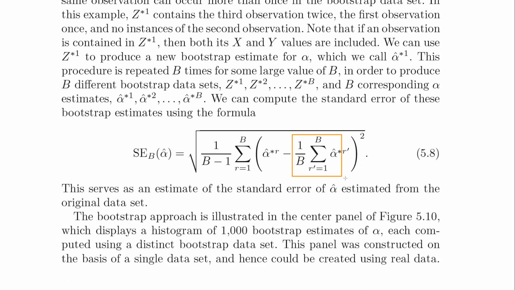You are taking the mean: you add all the alpha asterisk hats from 1 to B, divide by how many there are, and then you calculate the standard error by saying each alpha hat asterisk r, how different is it from the mean?